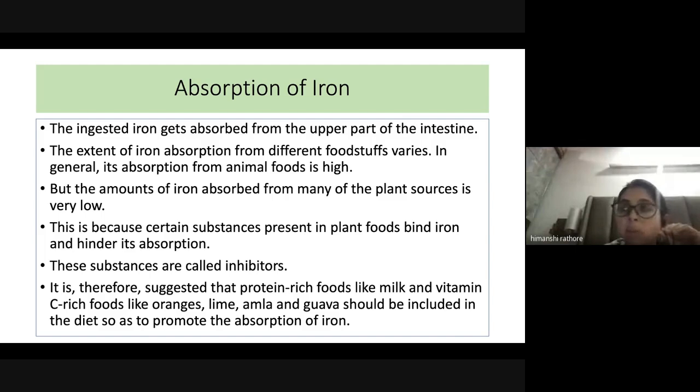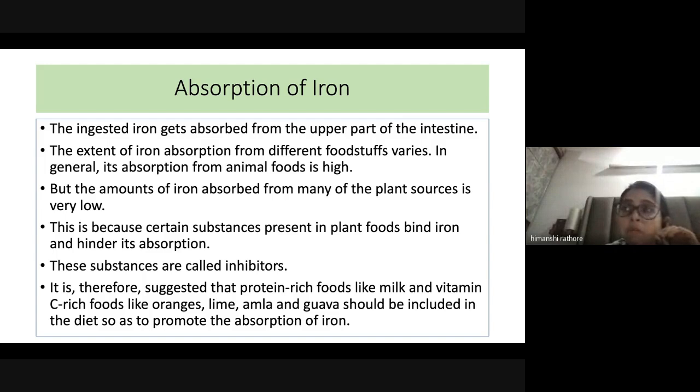What is bioavailability? Bioavailability means once you eat the iron rich food, how much of the iron is absorbed in the body. That is called bioavailability. You have eaten the iron rich food, but your body has not taken it all. Only some percentage of iron is absorbed by the body.